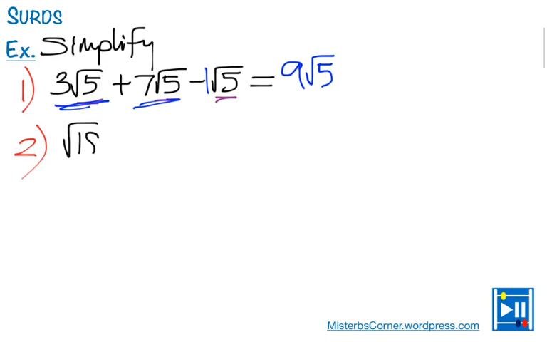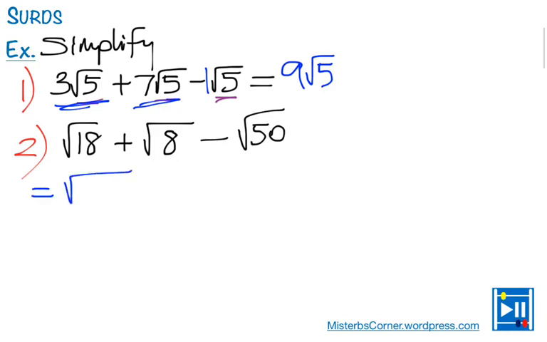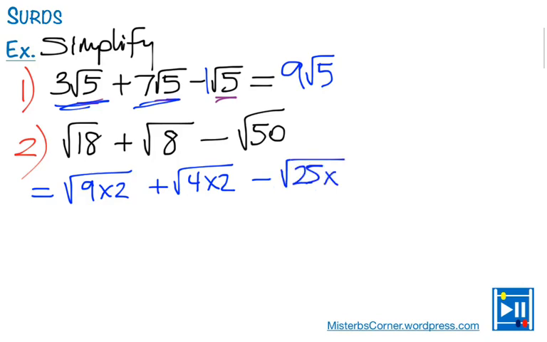Root 18 plus root 8 minus, let's say, root 50. Now, each one of these surds look different, but if you simplify them, you're going to end up with, well, that's going to be 9 times 2, that's going to be 4 times 2, and this one will be 25 times 2.